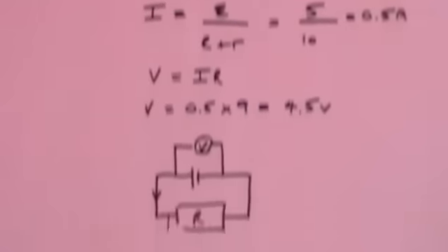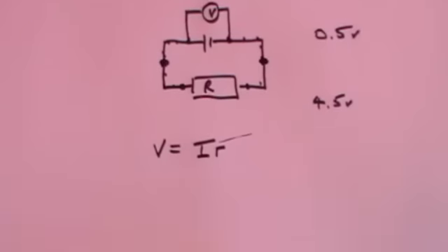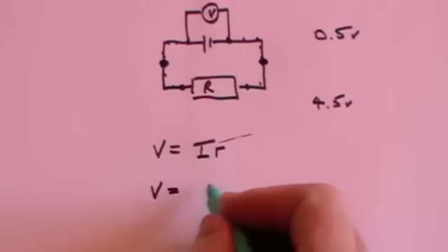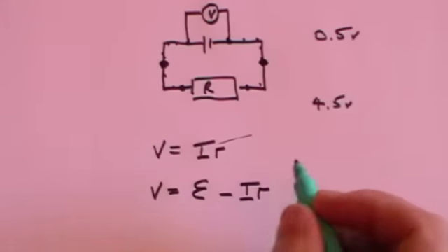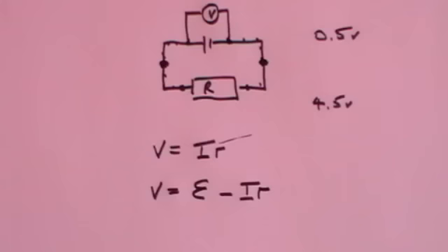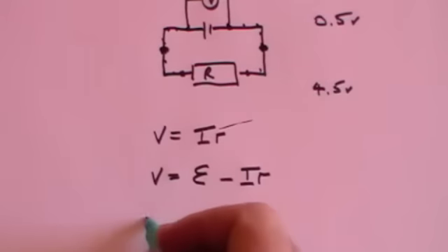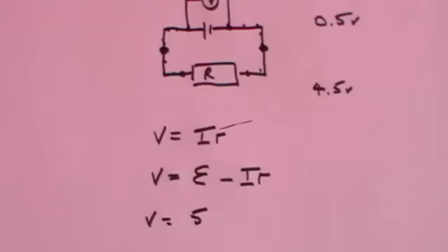That's the whole point. So what you're actually measuring is the battery voltage minus the potential drop because the battery has a resistance. So that will be V equals, you'll remember the EMF was 5 volts, minus I times r, which is 0.5, and that gives you 4.5 volts. And that's much more sensible.